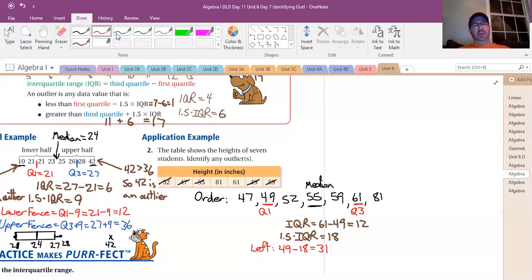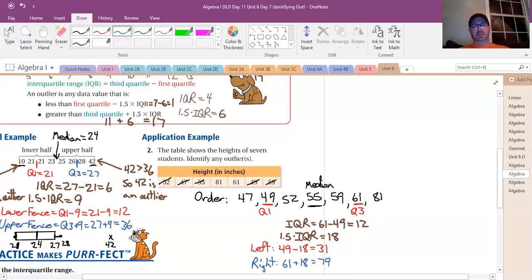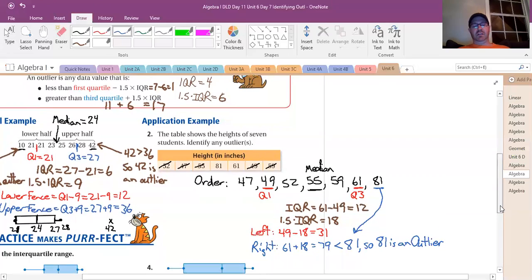Okay, on the right-hand side, I'm going to use Q3, which happens to be 61, and I'm going to add 18, and I end up with 79. Well, 79 is less than 81, so 81 is an outlier. All right, that is an outlier.